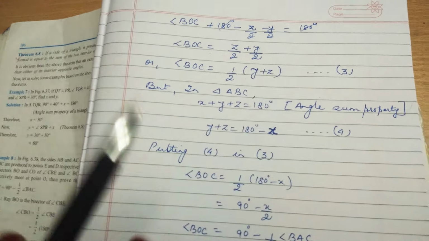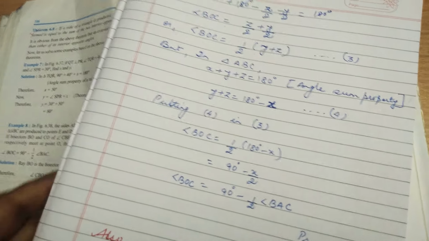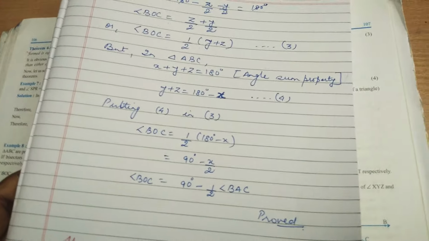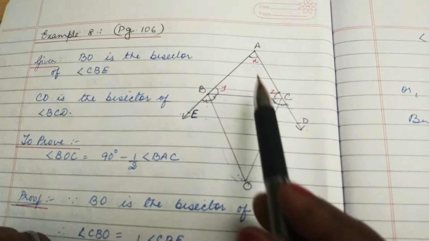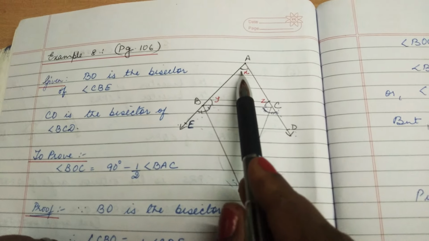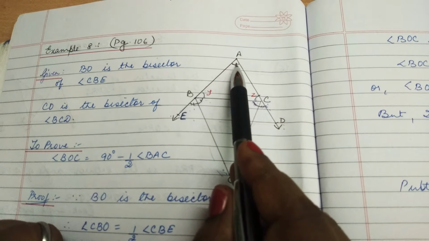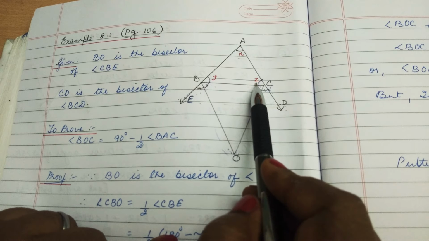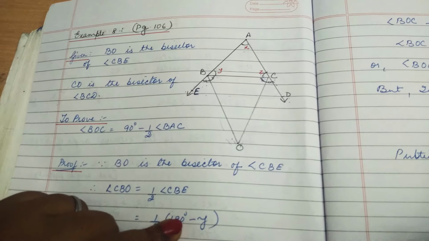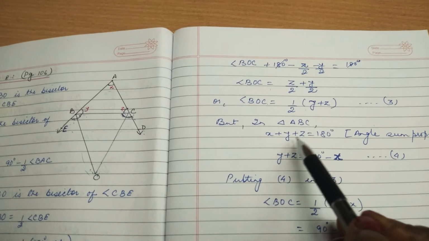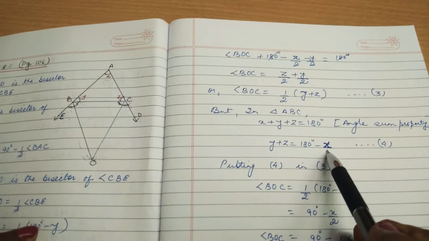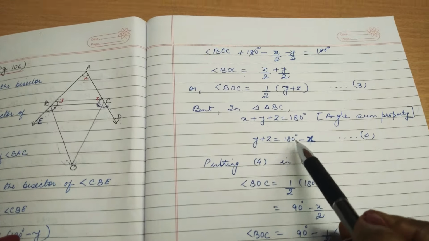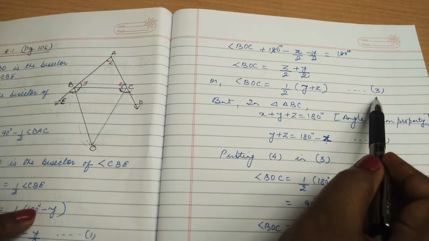Now in triangle ABC, angle x plus y plus z equals 180 degrees by the angle sum property. So angle y plus z equals 180 minus x. We will put this value of y plus z in equation 3.